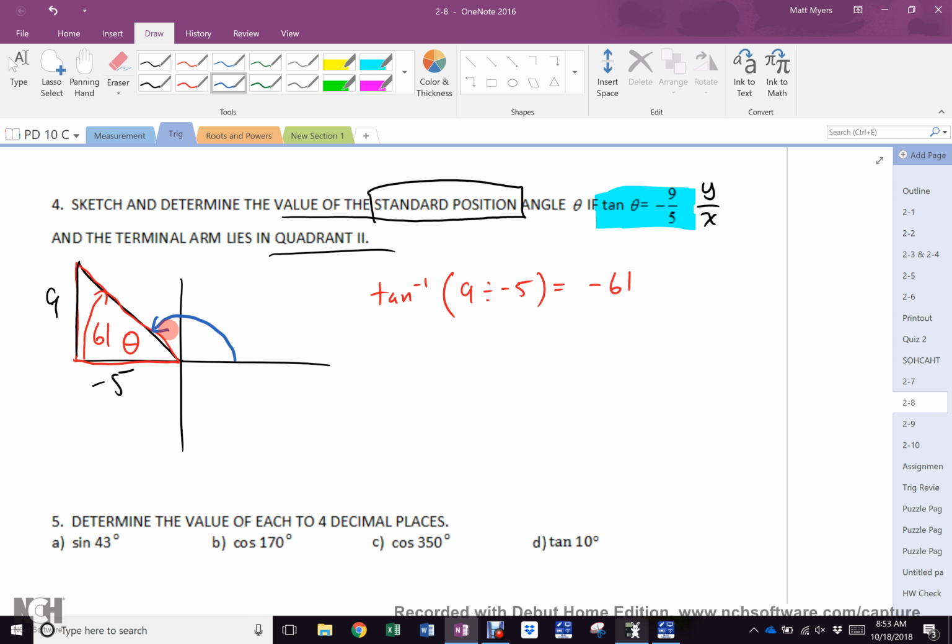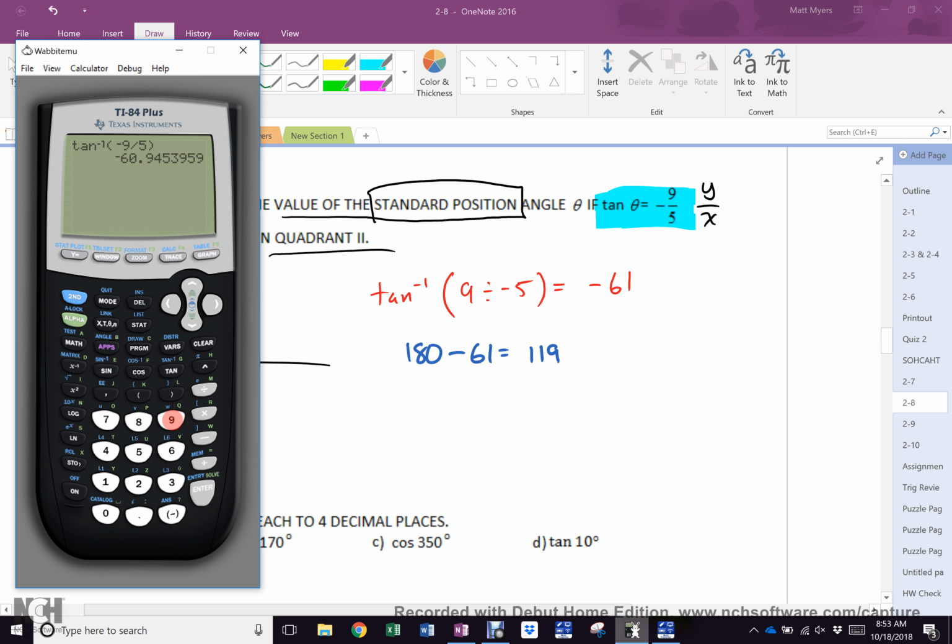Well, 180 minus 61, which is 119. Now, observe. 9 divided by, oh wait, that's just -9 divided by 5. Huh? Yeah? Everybody good? Everyone can see that? Okay.